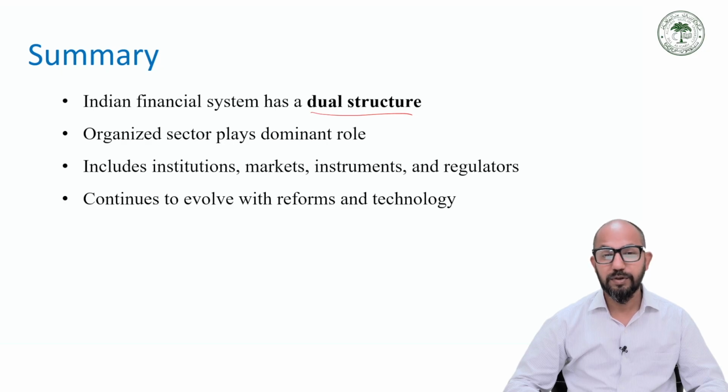In addition, it is justified to say at the end of the lecture that the Indian financial system includes institutions, financial markets, financial instruments and regulators. In the end, we will say that the Indian financial system continues to evolve with reforms and technology.